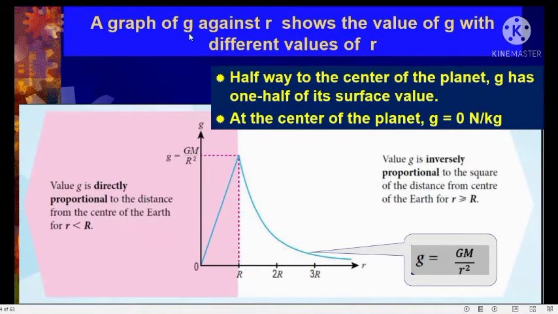Now we look at a graph of g against R, which shows the value of g for different values of R. So we have this graph, g against R. At the point 0 here, or the center of the planet, if we discuss the Earth, meaning the center of the Earth, g equals 0.